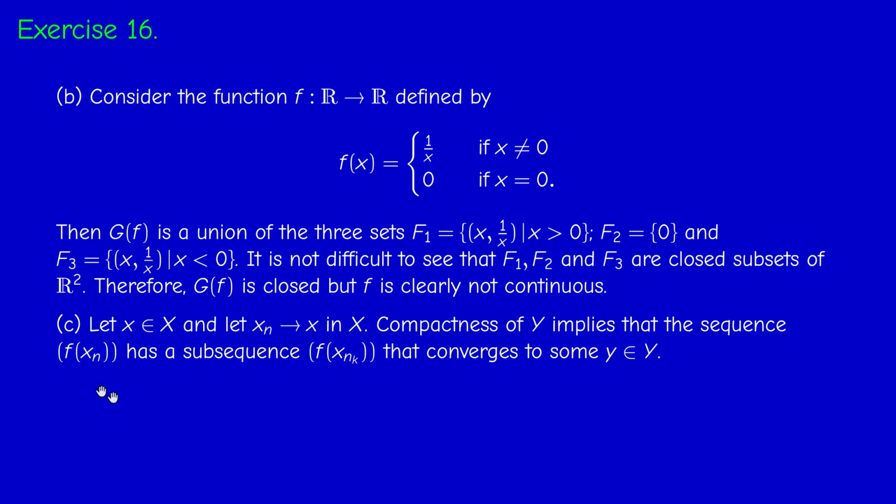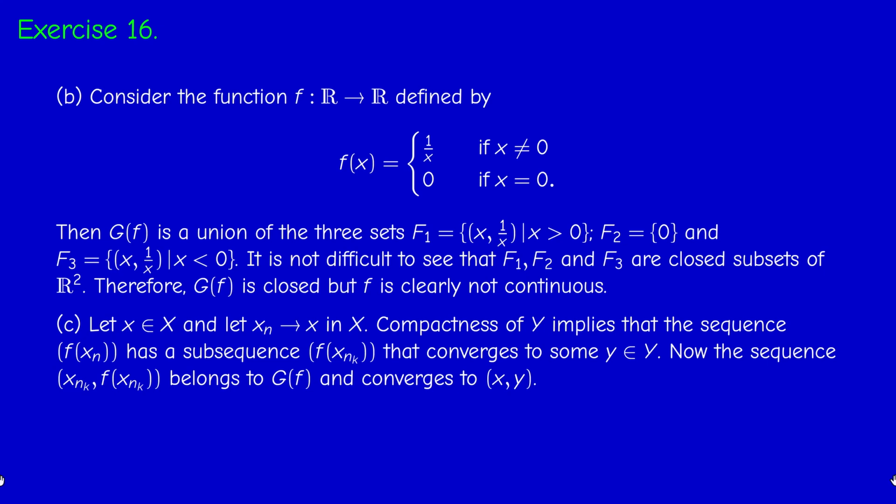So sequential compactness implies that there is a subsequence of f(x_n), denoted f(x_{n_k}), that converges to some y. Now the sequence x_{n_k} and its image under f is in the graph, by definition of the graph. The first component converges to x because it's a subsequence of x_n: if the whole sequence converges, any subsequence converges.